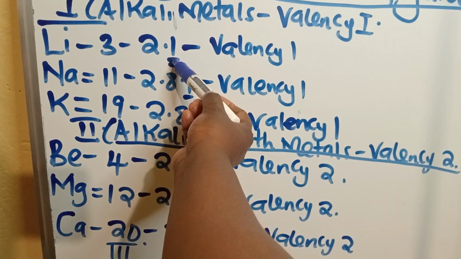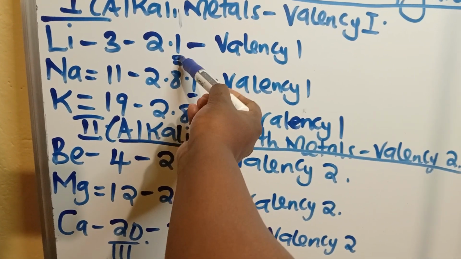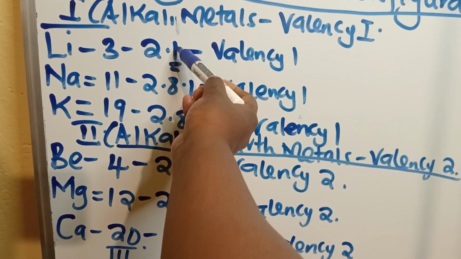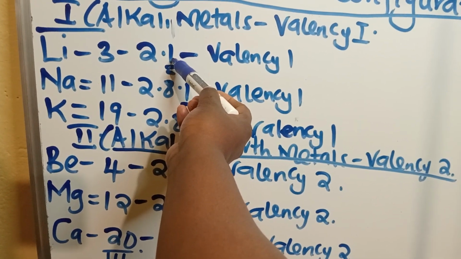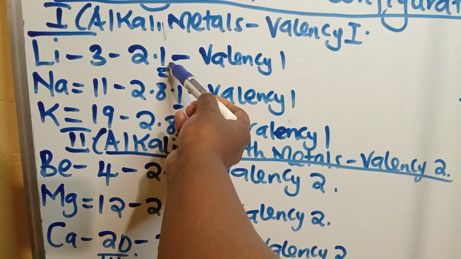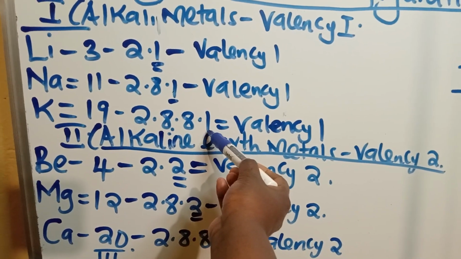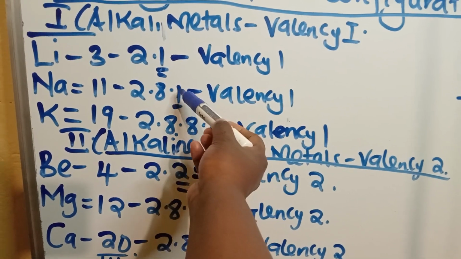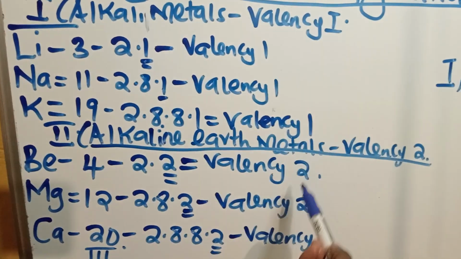Other than gaining 7 to achieve stability of 8 that we called octet the other day, these group 1 metals opt to lose the 1 electron from the outermost energy level, because they use less energy to lose the 1 electron other than gaining 7.